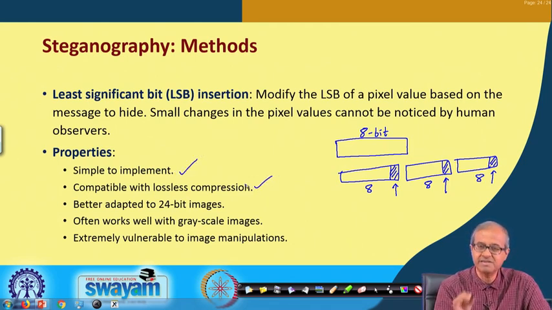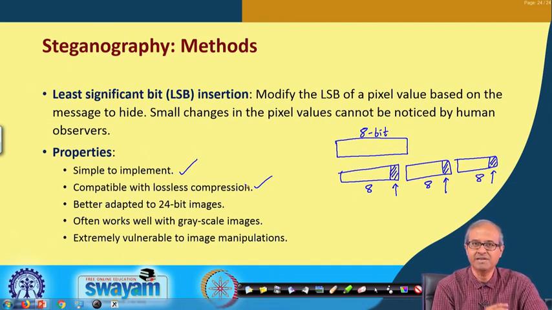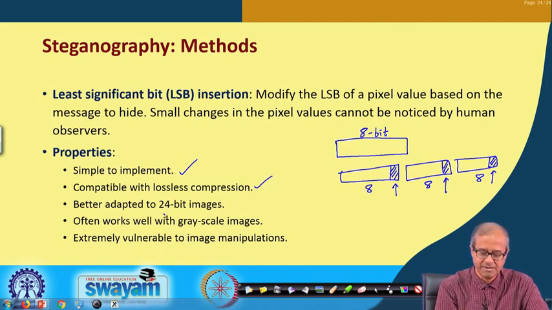Lossless compression is most suitable, because if you do lossy compression, then the LSB positions might get lost. You cannot use LSB steganography with JPEG images, for example. JPEG is a lossy compression. With 24 bit images it is easier, because you take 1 bit for each of the colors, and there will be very small changes in the final color value.